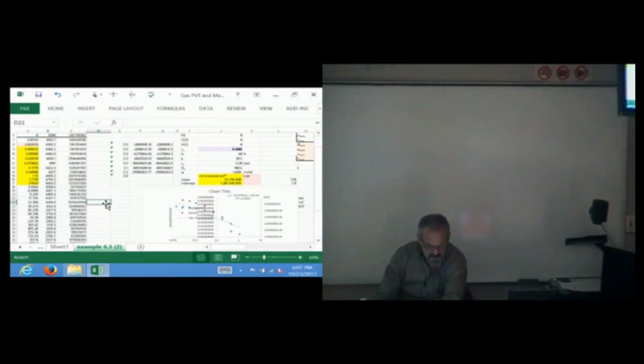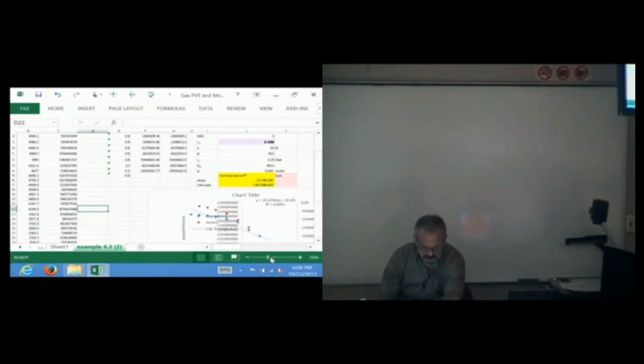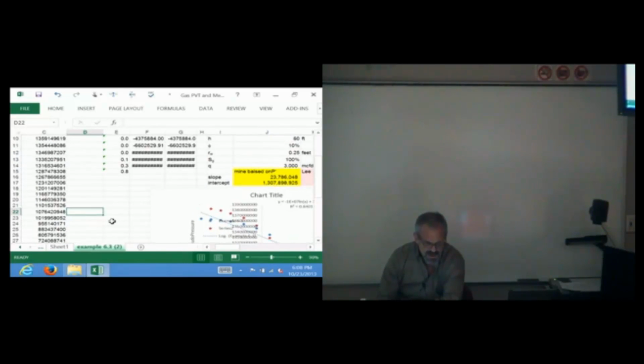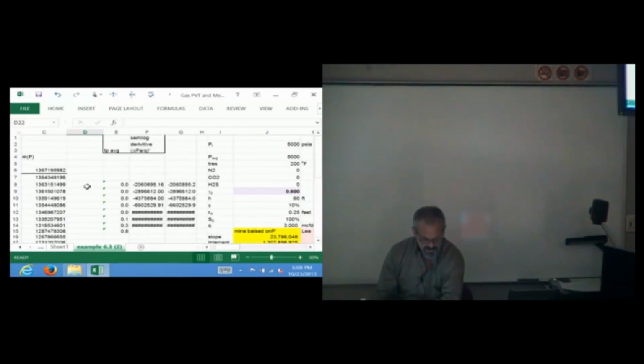Are some of these numbers bigger than others? Oh, okay. I got to get it that big for the numbers to look right. I don't think I have anything in column D, so I'm going to get rid of it.